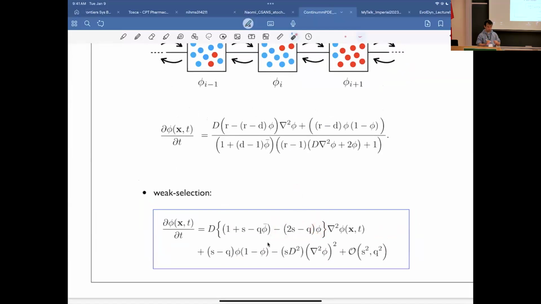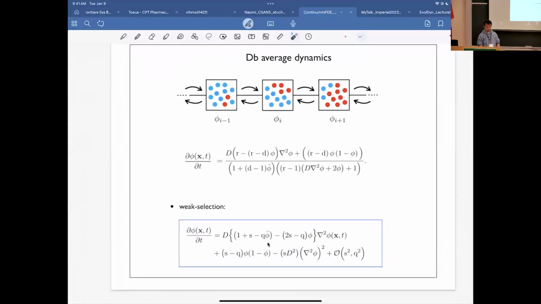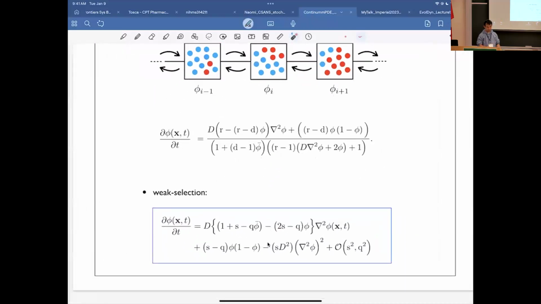More importantly, or more exotically, there is this phi bar. This phi bar is the overall, average density of the mutants over the whole population. So you actually have a long range or mean field term in the same diffusion term that appears for the death-birth process in this form.